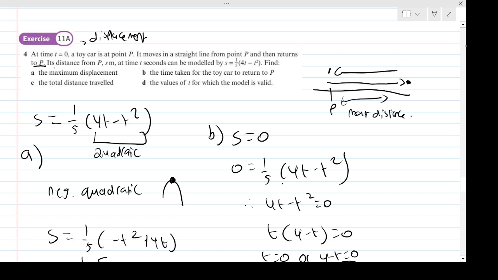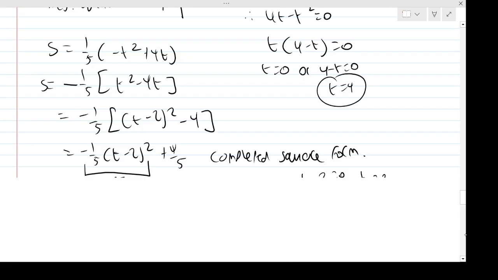Okay, well, so that means it only goes forwards, right? It starts at P and then goes forward and it comes back to P. It does not go beyond P backwards, which means the displacement has to be positive, okay? You have to be forwards from P, never backwards from P, which means then s can only be positive.